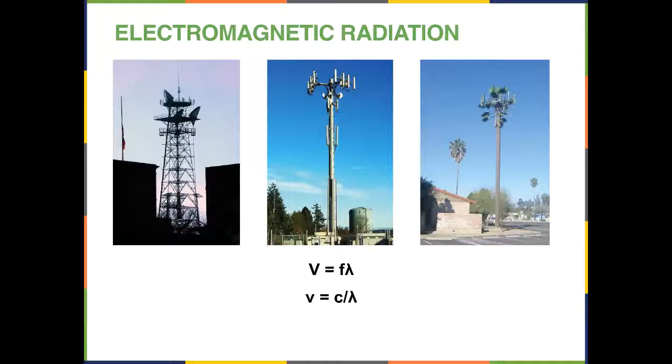In electromagnetic radiation, the velocity is always the speed of light, which is represented by c. And so the velocity divided by the wavelength will give you the frequency. These are a couple of formulas that you should keep in mind. You can also use the letter f to keep from getting confused: frequency is equal to the speed of light divided by the wavelength.